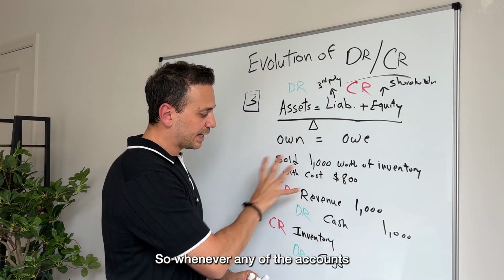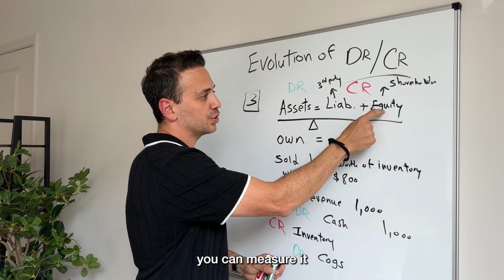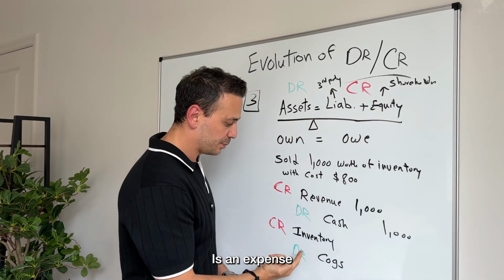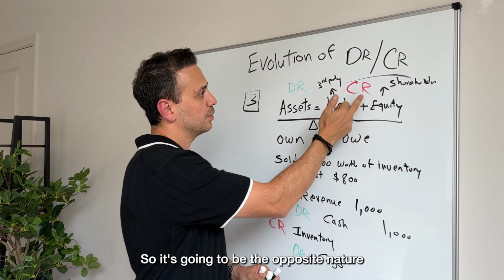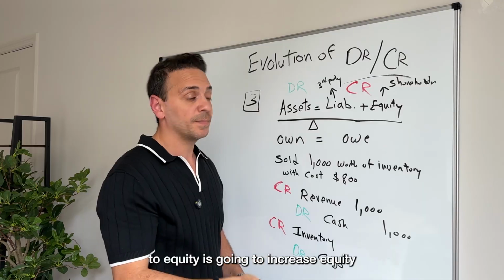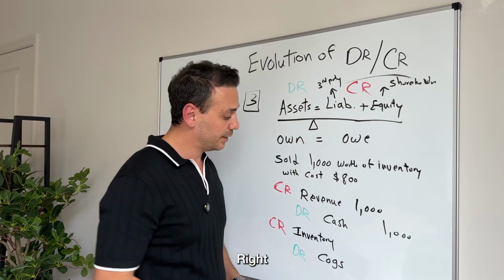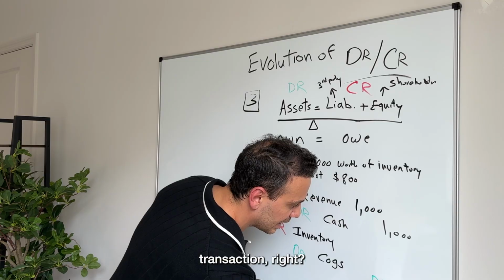So whenever any of the accounts that you're using isn't part of the accounting equation, you can measure it on equity. What is an expense going to do to equity? It's going to reduce equity. So it's going to be the opposite nature. Revenue, what is revenue going to do to equity? It's going to increase equity, right? For example, if you have a dividend transaction, right?